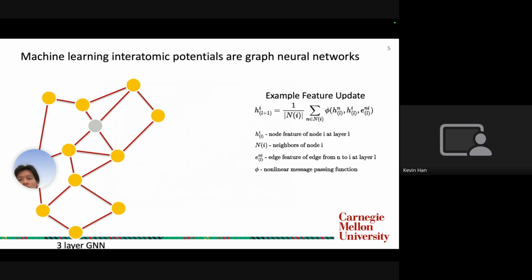So just a maybe prerequisite recap. Most MLIPs are formulated as GNNs, where we have these node features or edge features. If we consider this gray node in the center here, we would take all of the node features from its one-hop neighbors and then perform some nonlinear operation followed by some aggregation over the neighbors.